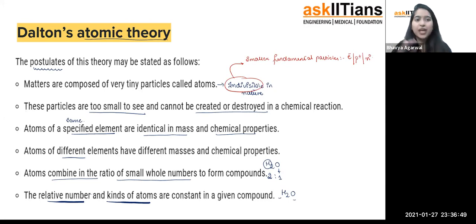So atoms can further be divided into electrons, which are negatively charged, protons, which are positively charged particles, and neutrons, which are chargeless species.